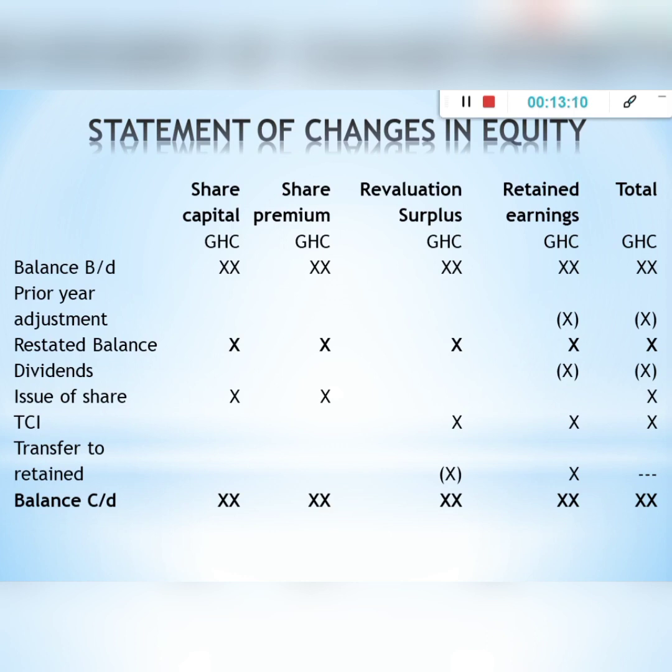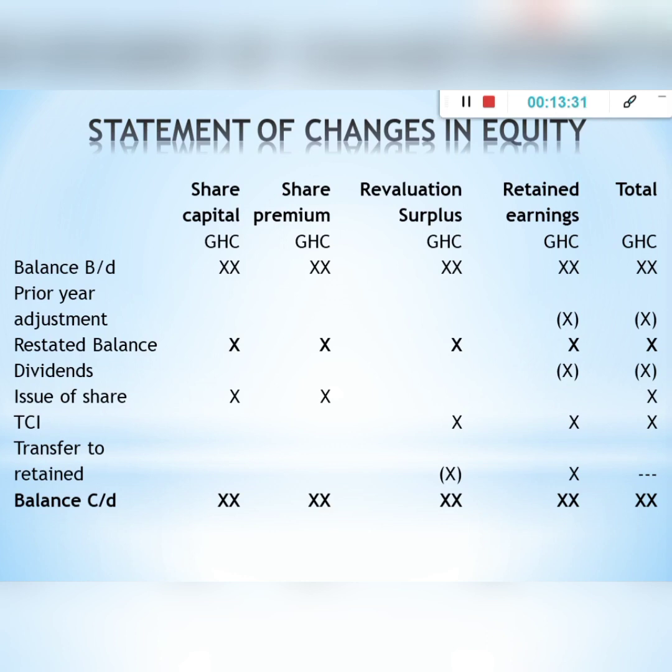Then we have transfer to retained earnings. Bear in mind, there could be movement in equity. We could transfer from one equity item to the other, but this transfer is in line with the concept of IAS 16, where an asset has been disposed of and therefore its benefit needs to be transferred, or also derecognized from the books.